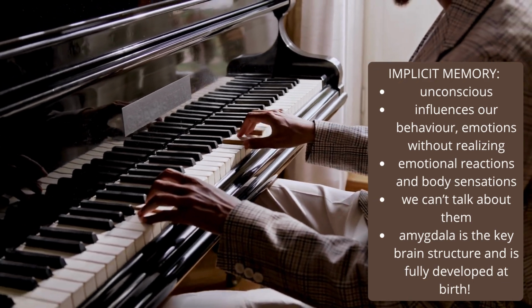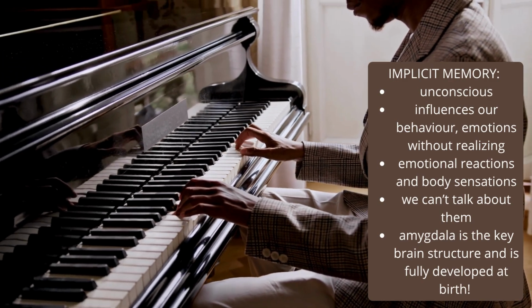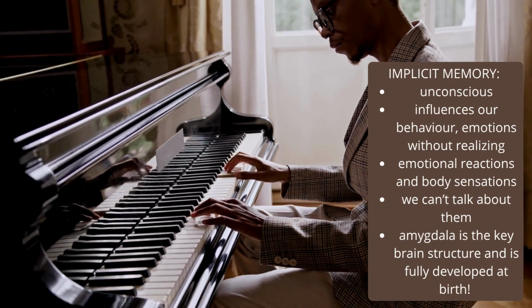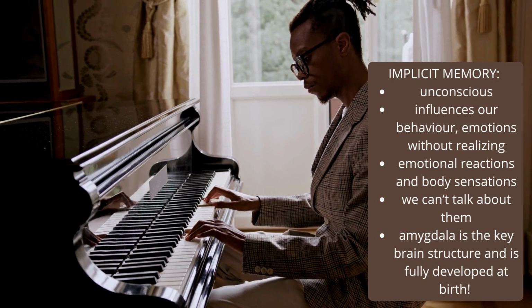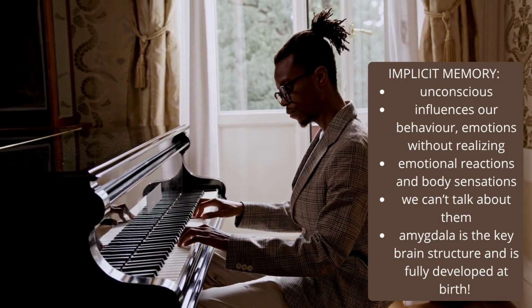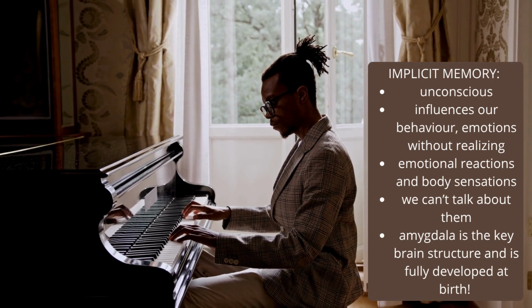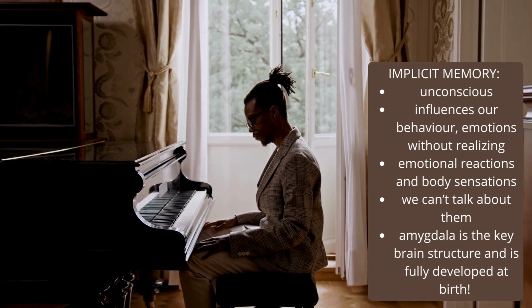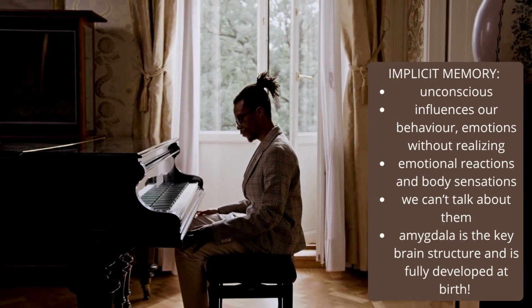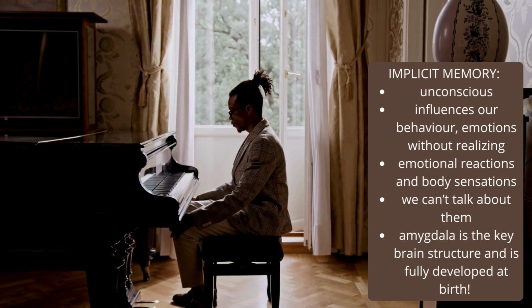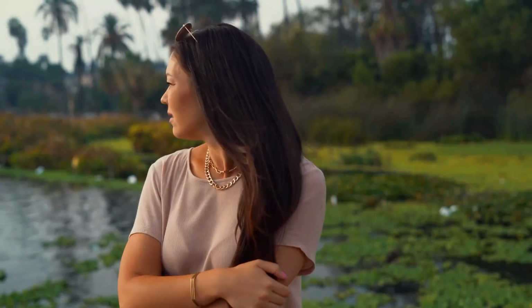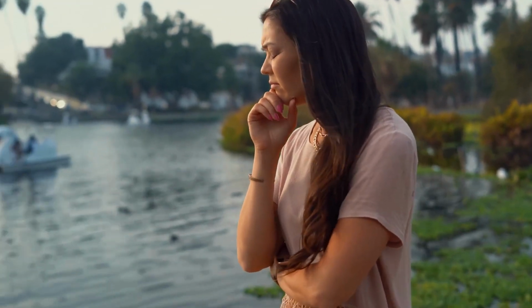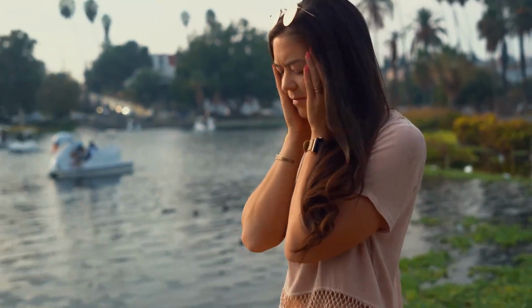Types of implicit memory include procedural memory, conditioning, and emotional memory. Procedural memory involves skills and habits. Conditioning involves learned responses and reflexes. And emotional memory includes unconscious emotional reactions like feeling uneasy in a certain place without knowing why.